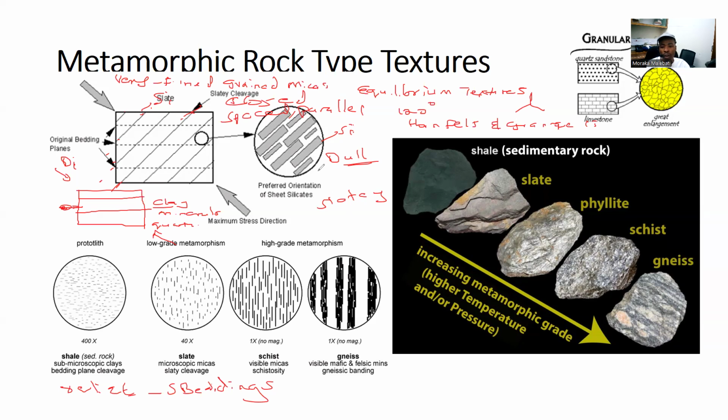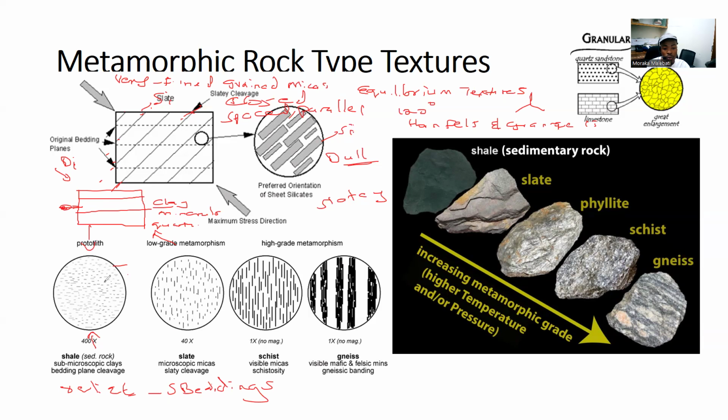Okay. Now with increased pressure and temperatures, remember this was a shale with relict bedding. The pressure was coming from the top and the bottom.